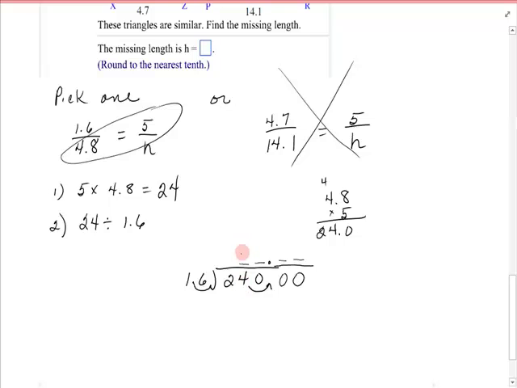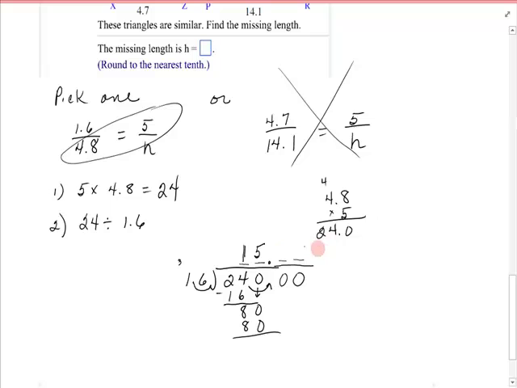16 goes into 24. It's only going to go one time. Subtract, get 8, bring down the 0. Well, that goes in 5 times. 5 times 6 is 30, carry the 3. 5 times 1 is 5, plus 3 is 8. This terminated.